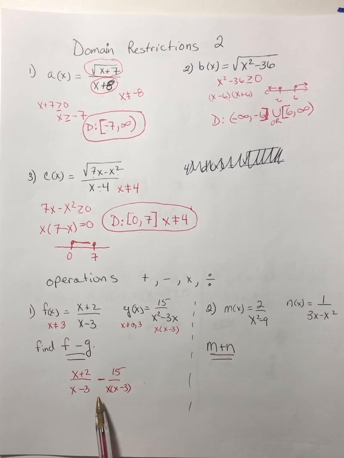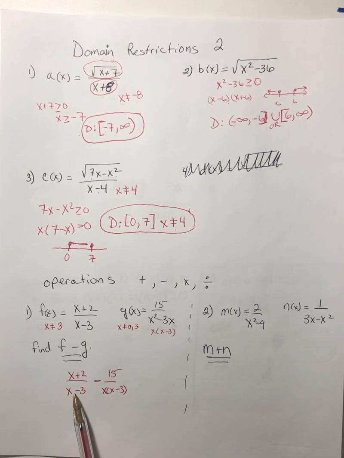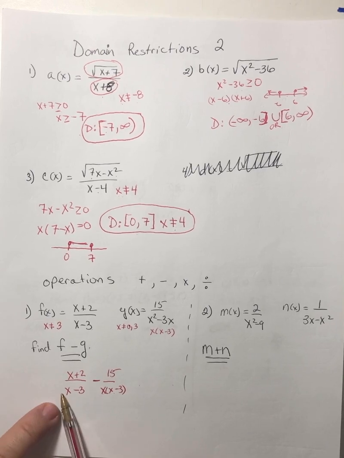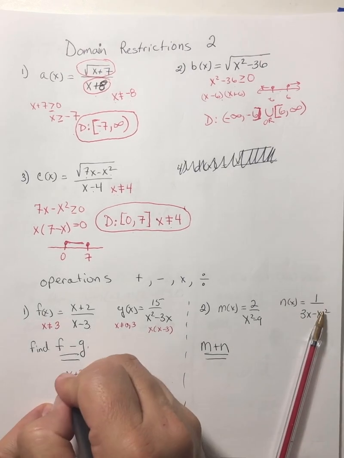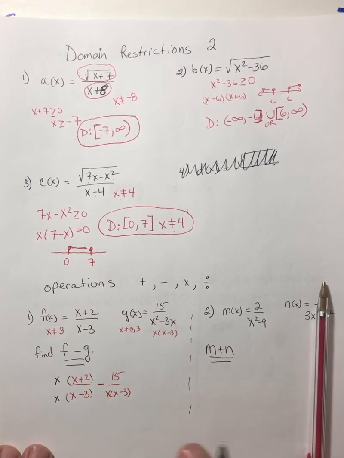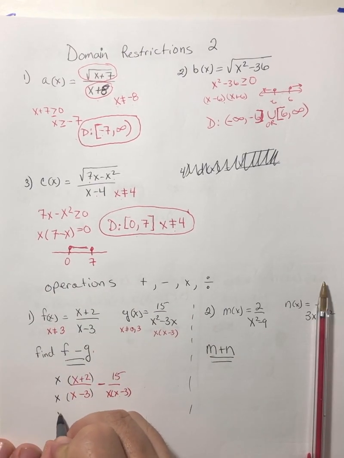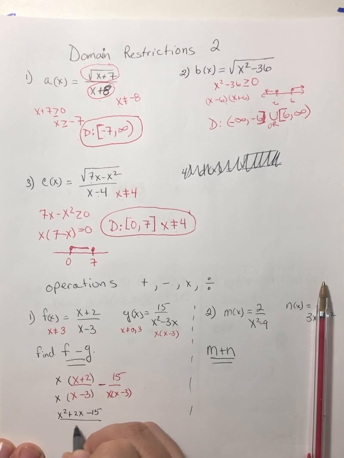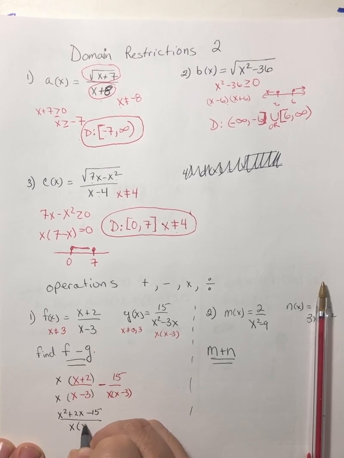So what are we missing here? Oh, this one's missing, they each have an x minus 3. So this one's missing the x. So we're going to multiply this top and bottom by an x. So I have x squared plus 2x minus 15 over the quantity x times x minus 3.